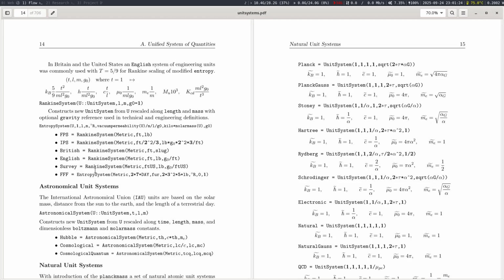They came up with the idea that you're going to use the Boltzmann constant and all that to try to specify these things, but nobody had done a similar thing for the English units or the British units, but I did. So I came up with how to do all that.